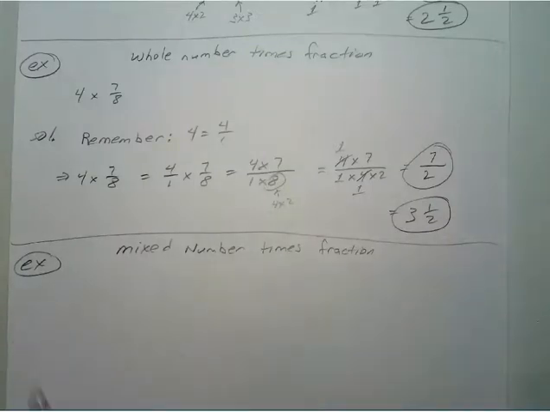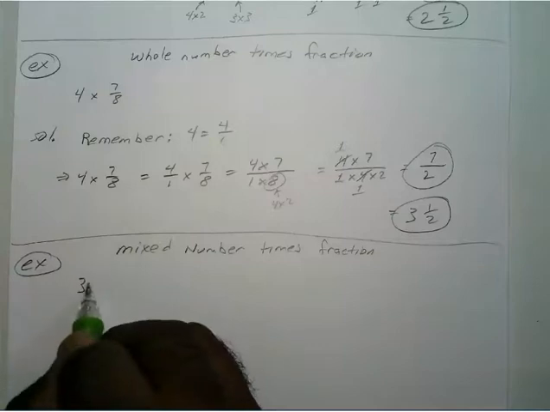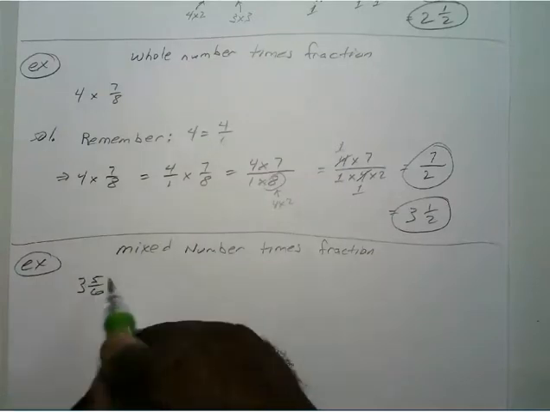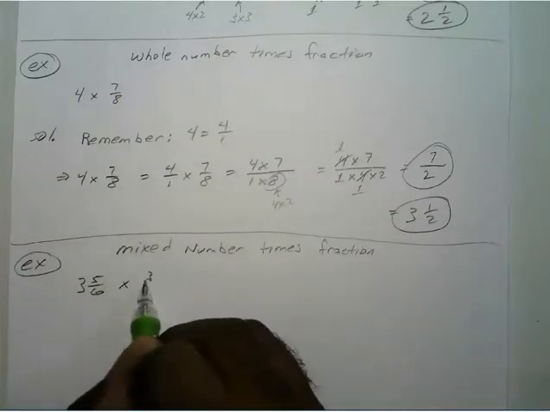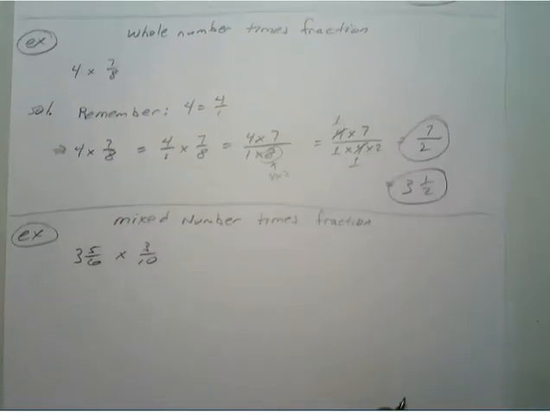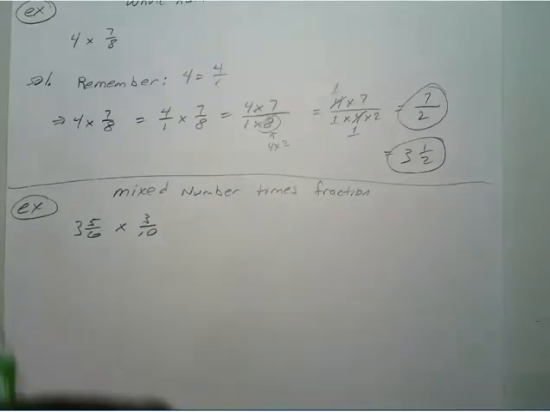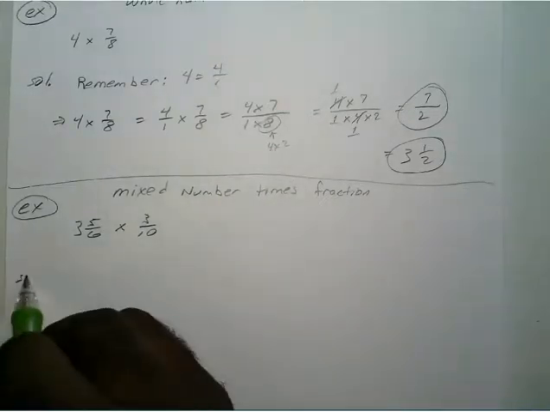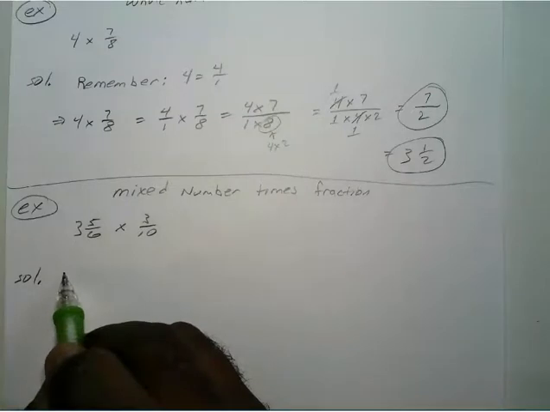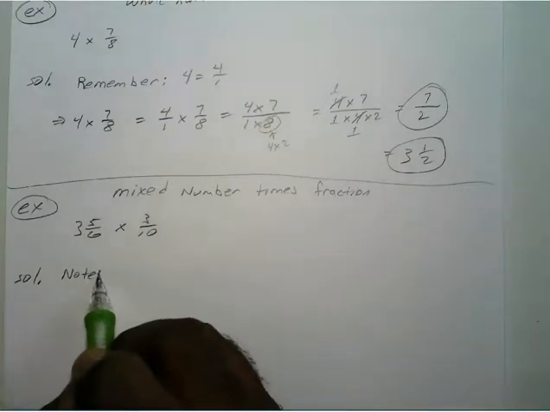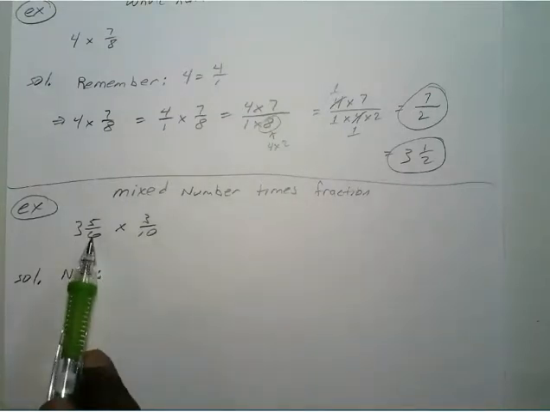All right, so let's say for this example, we have 3 and 5/6 times 3 over 10. All right, so to solve this one, first you must convert your mixed number to an improper fraction.